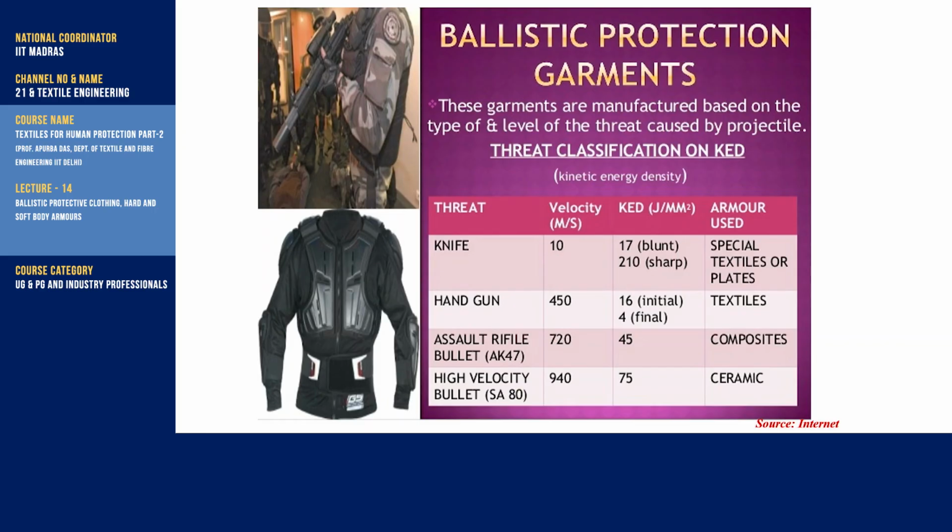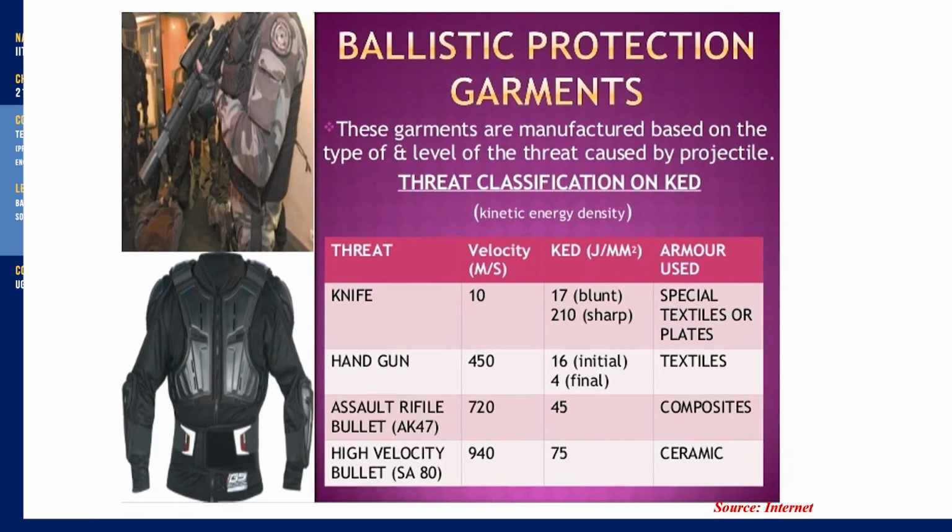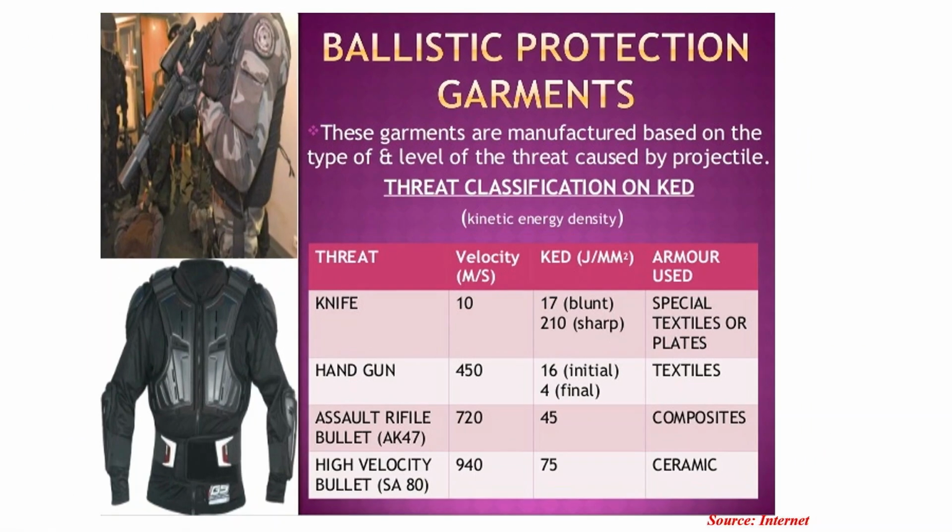Now, there are different types of garments available, and different types of armors are used. These garments are manufactured based on the types and levels of the threats caused by the projectile.